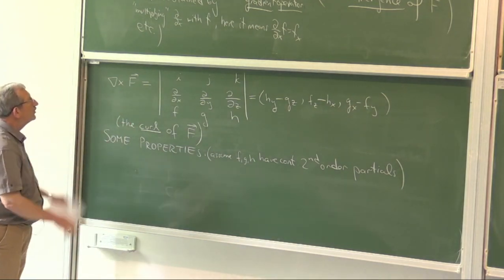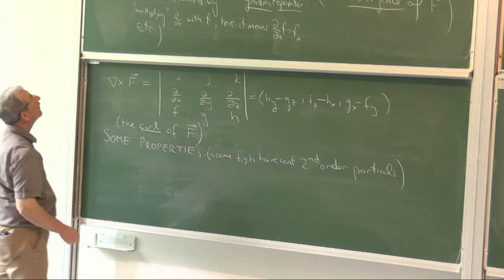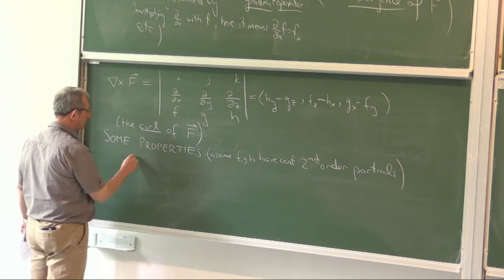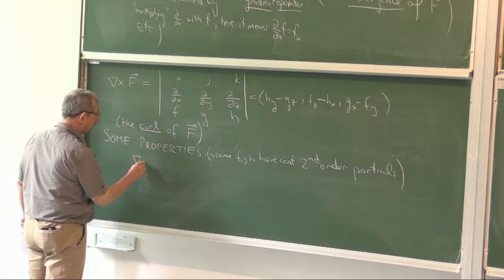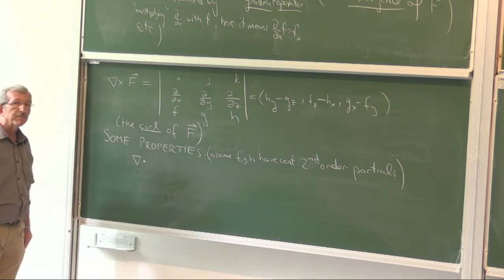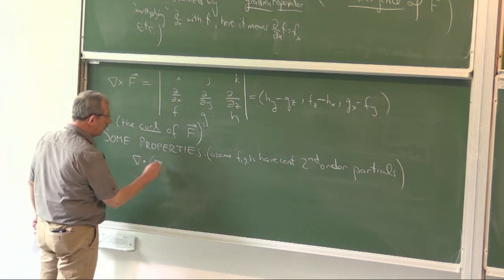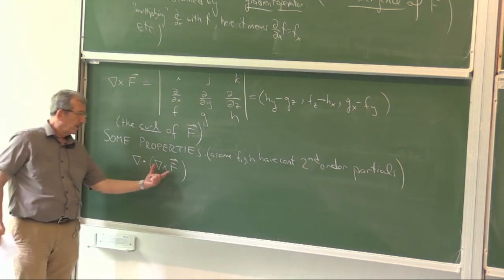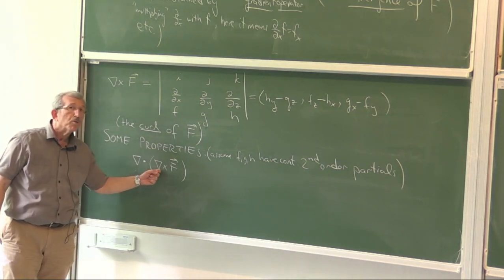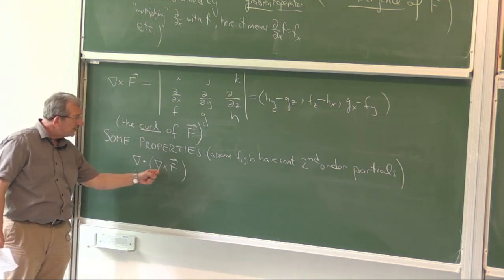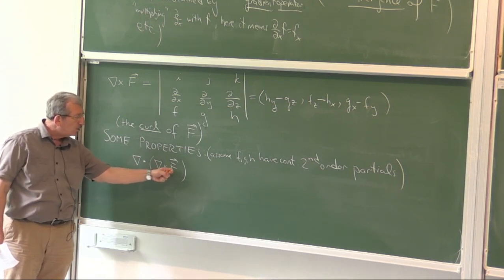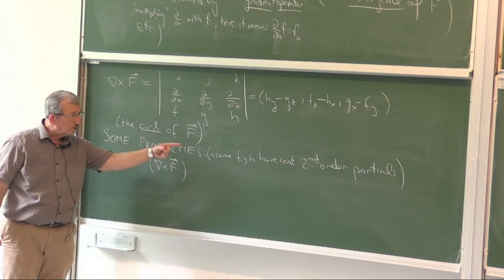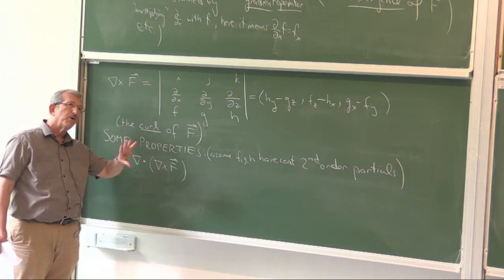Well, the most important thing here is perhaps the following. If you consider the divergence and apply the divergence to a curl, so, by the way, these are all differential operators. They differentiate. So this means, in some way, you differentiate all components of F 2 times. Now, continuity of the second partials says that the order is not important.